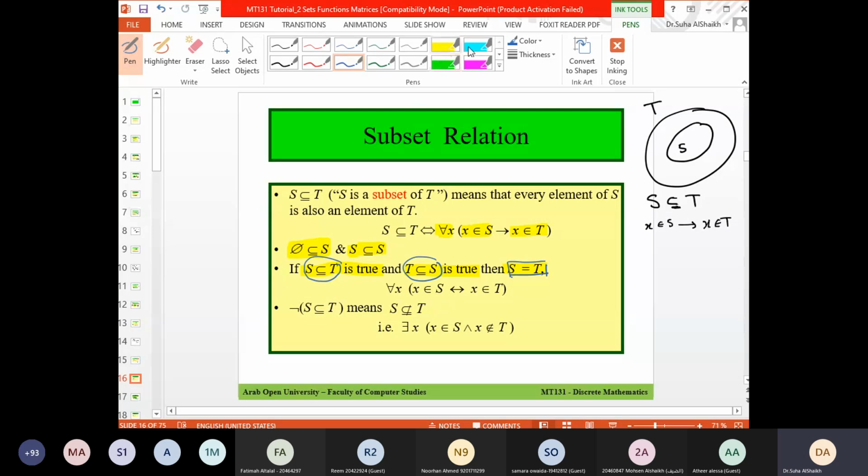Now the negation of S subset of T معناها it is not a subset of T. معناها إن في element x لقيته بحيث إن الx موجود في الS والx ما هو موجود في الT.